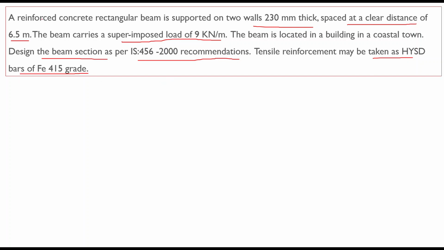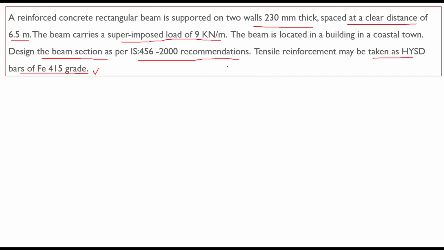So you may come to know that in this statement, the exposure condition is mentioned and no dimension of the beam is given, either width of the beam or depth of the section. So that means we have to work out the possible width of the beam as well as depth of the beam. And regarding steel, only the grade of steel is mentioned, so no diameter of the steel is mentioned.